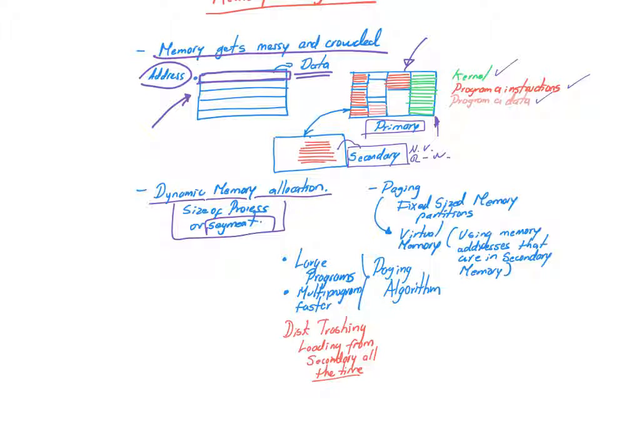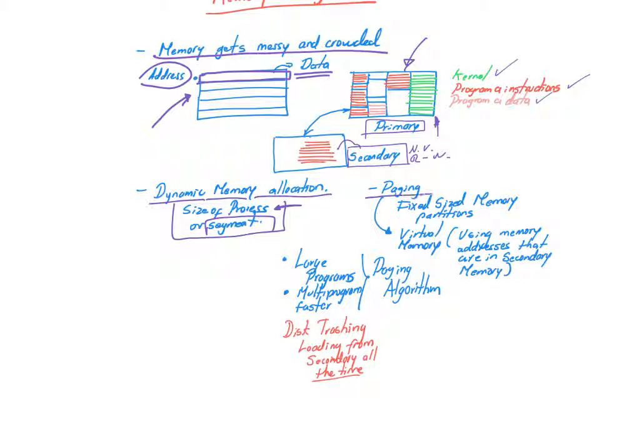So what it means is that I'm going to take care of how big the process is, and then I'm going to allocate that amount of memory to be taken by the program.